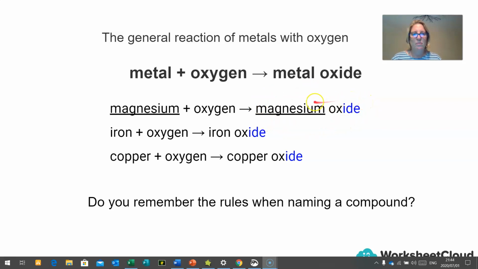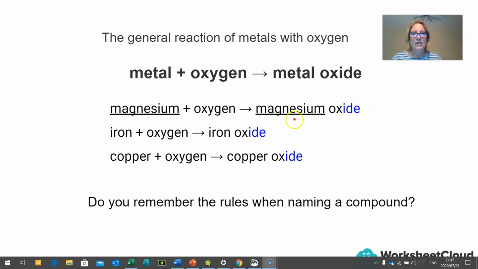So in the naming of the compound, you always write the metal first, and that's magnesium. And then the word that comes second, we don't say oxygen, but we say the word ox, and then as a suffix, we use the word "ide."